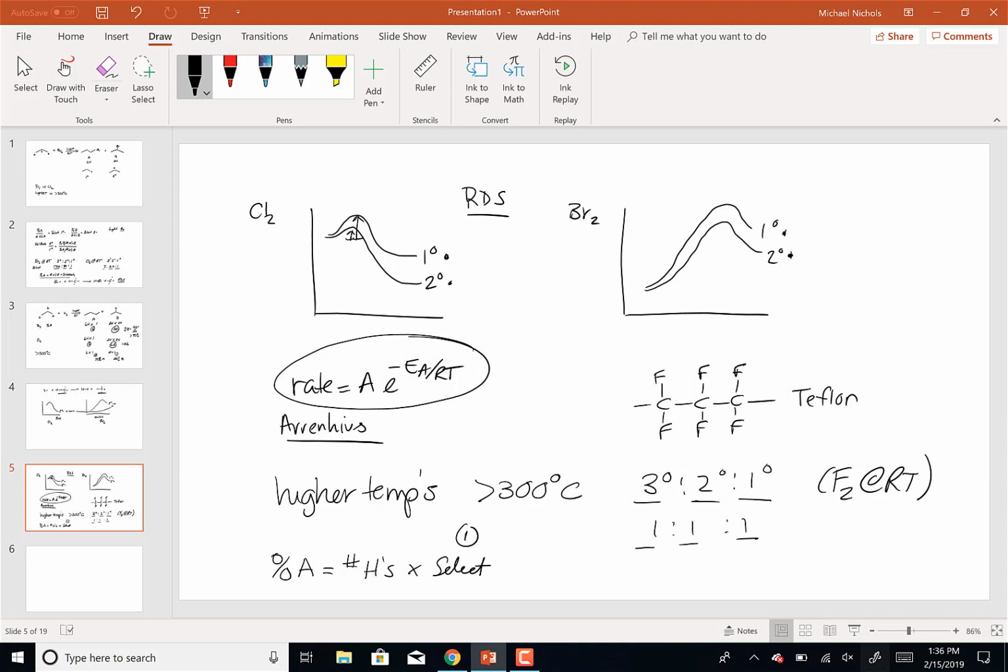And so Teflon we know is non-stick. I don't think it's gone out of vogue in cookware because the PFOA compounds are, I don't know, they just say don't use them because they're allegedly something toxic. But we still have Teflon around.